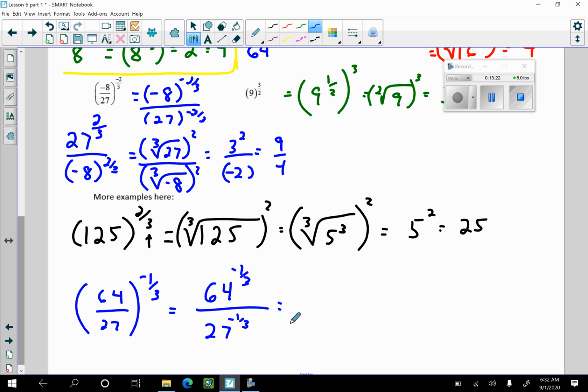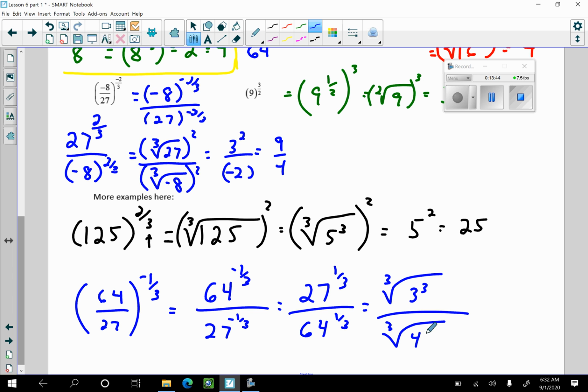Now I have these negative exponents, and their bases can go from downstairs to upstairs, and upstairs to downstairs to make them positive. And I know what the cube root of 27 is, the cube root of 3 cubed, and 64 is the cube root of 4 cubed, which is equal to 3/4.